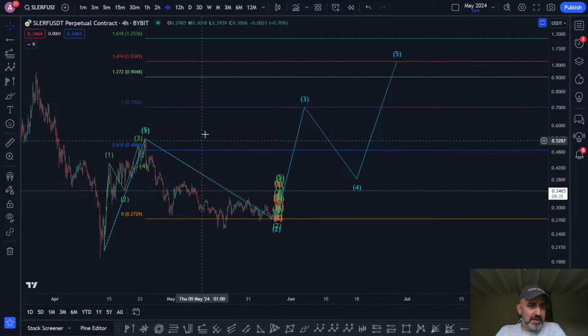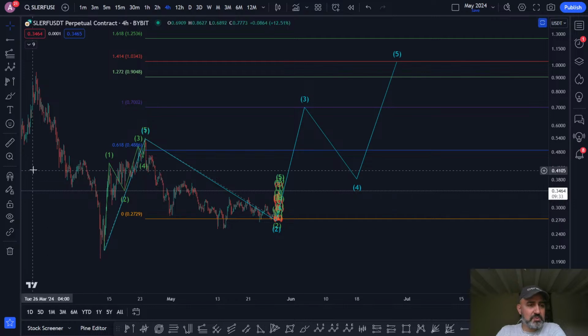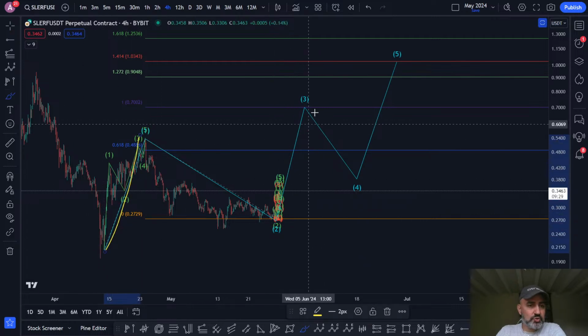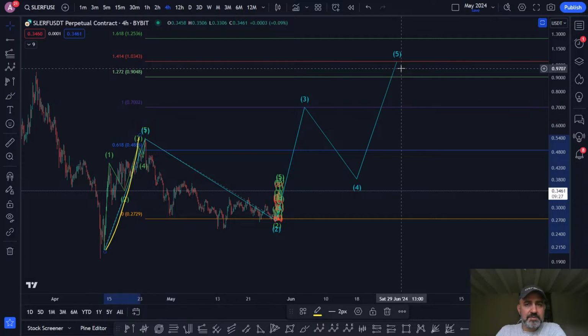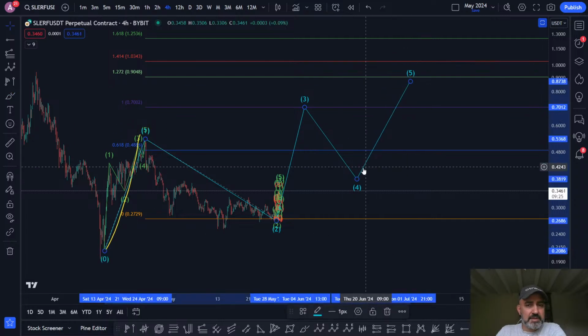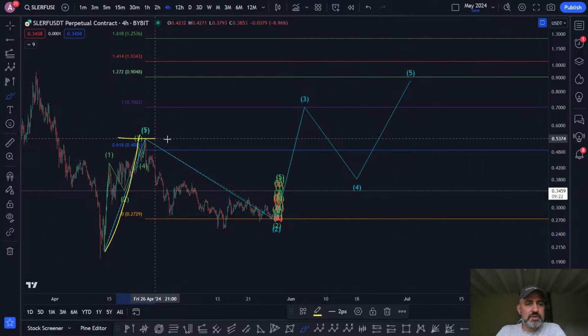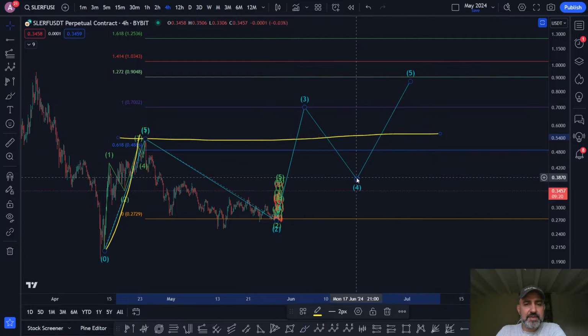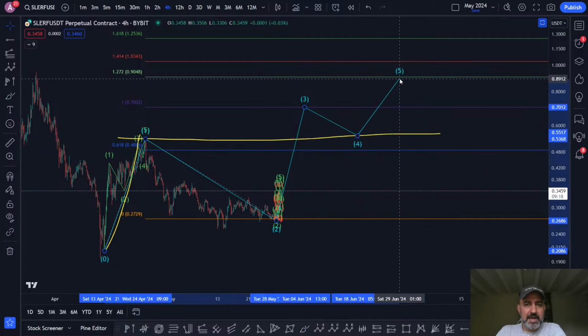And if it's smaller, and this is the thing we have to see, if that's the 1 and this 3 is shorter than the 1, then the 5 has to be shorter. Okay, but then also you have to apply the rules. 4 can't come underneath there, and then potentially a 5 could be like that.